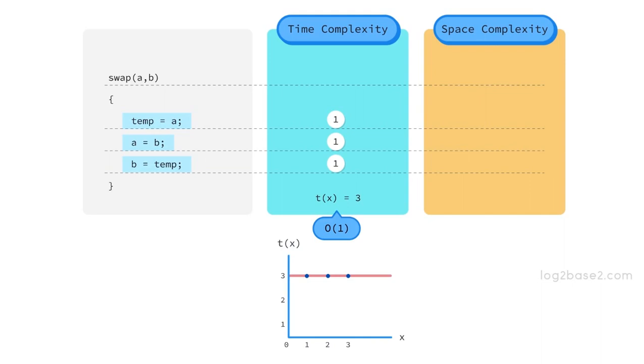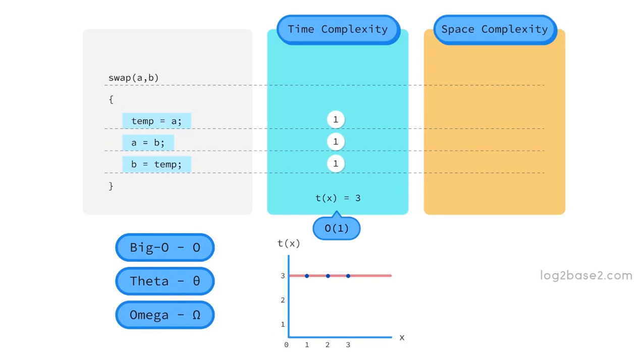It will remain constant for any given input. In general, we use this big O notation to represent the time complexity. But we also have other notations like theta, omega, etc. We will learn about them in the coming lessons. So that was the time complexity.